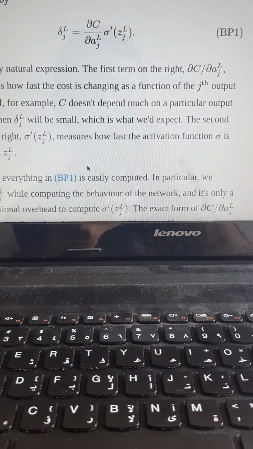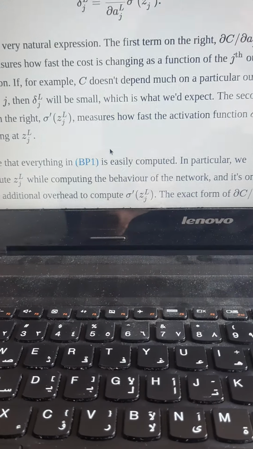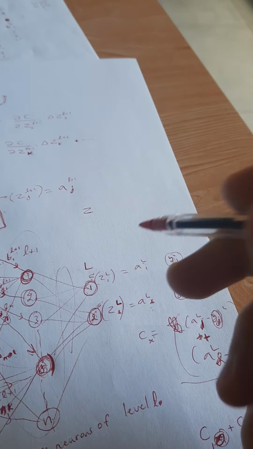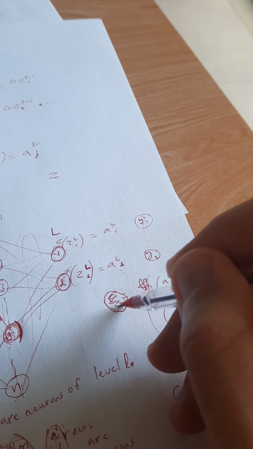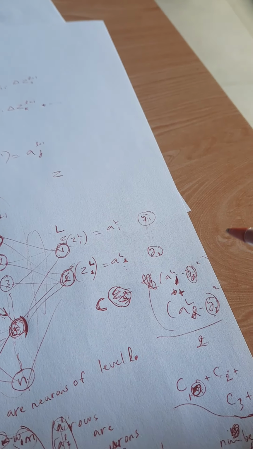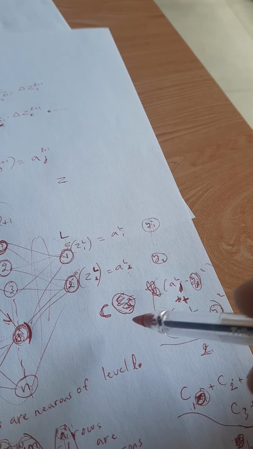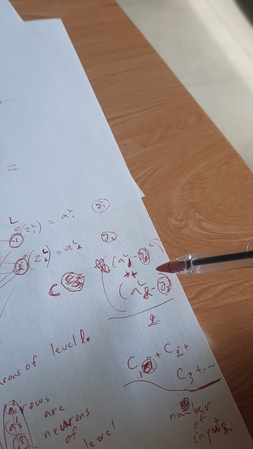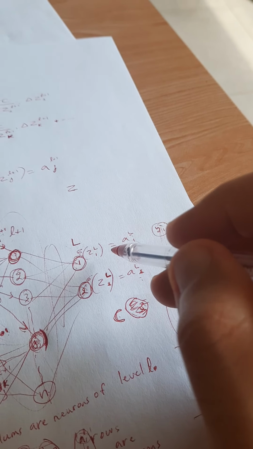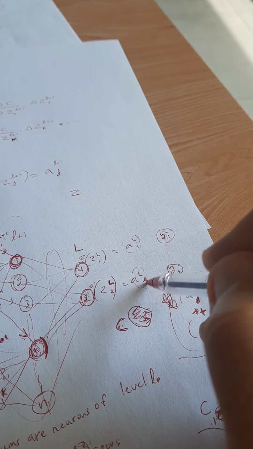Actually, this is the first. So what is it about? Again, let us remember the cost function C_x. For simplicity, it's called c, and this is the quadratic cost, but c is just a function of a1L and a2L.